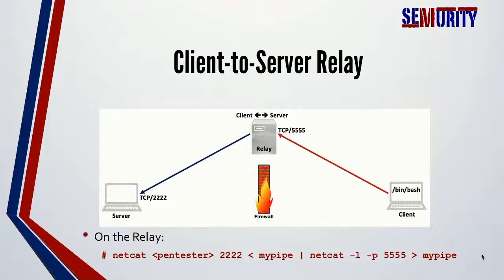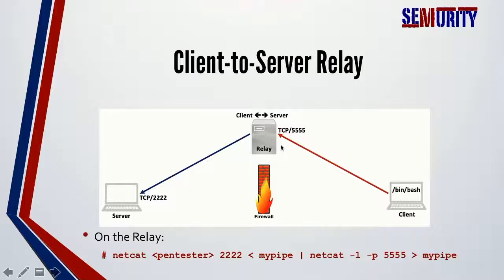So instead of us connecting to the relay and the relay connecting to the target, we want to have the target connecting to the relay, and then the relay connecting to our machine. Yet at the same time, we want the target to execute the bin bash for us, and we should have a shell access from our system to the target system.